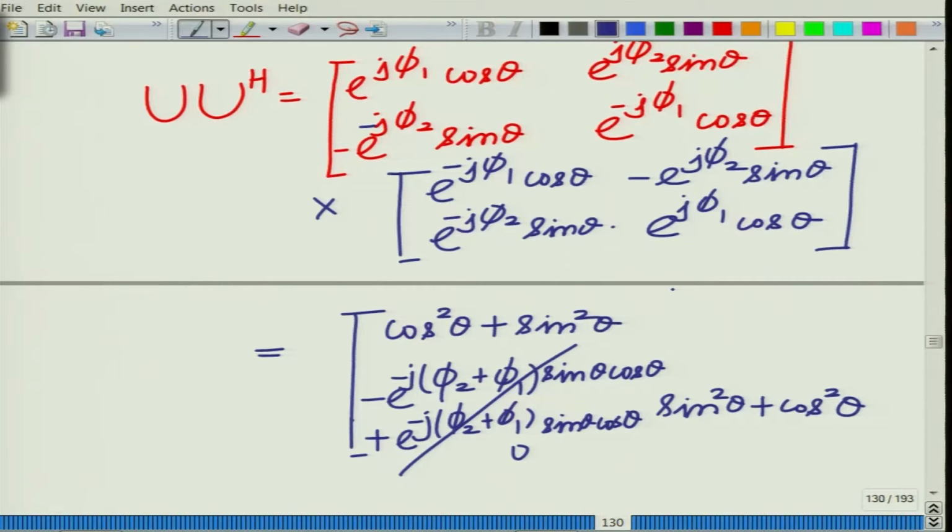And similarly here you will have the 1 comma 2 element: minus e raised to j phi 1 plus phi 2 cosine theta sin theta, plus e raised to j phi 1 plus phi 2 sin theta cosine theta.